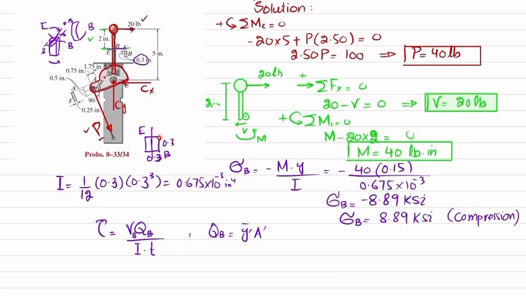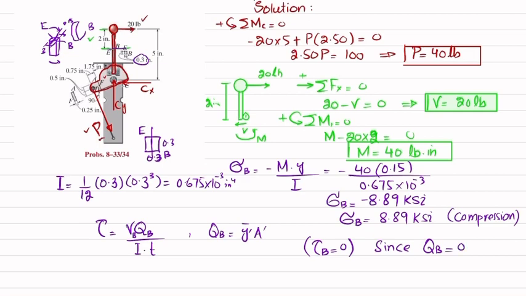Since this point lies on the outside boundary, there is no area above it, so A dash will be equal to 0. It means that QB is equal to 0. So since QB is equal to 0, shear stress at B will also be 0. So I will write shear stress at point B is equal to 0. Clear?